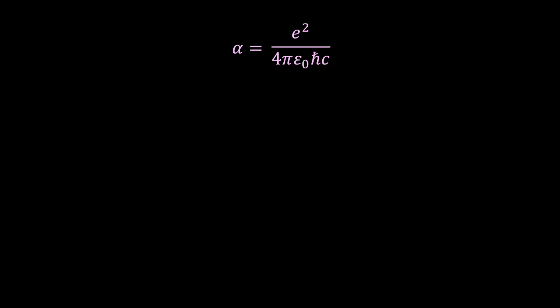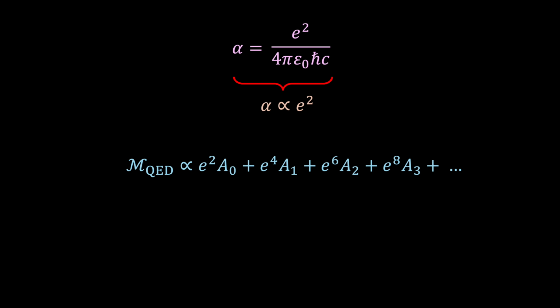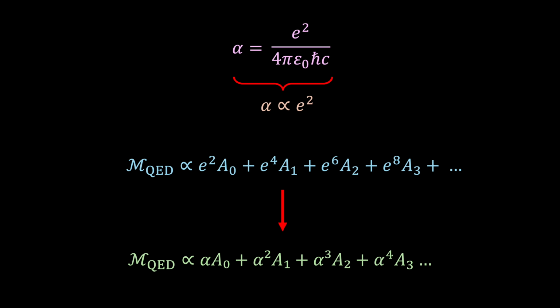And here is the key point. From the structure of alpha, we see that it's proportional to e². This means that the expression for the total amplitude we wrote down earlier, obtained by summing all the Feynman diagrams, can now be written in terms of the dimensionless constant alpha. You can think of alpha as effectively counting the order of interaction. Terms proportional to alpha describe the simplest single photon exchange diagrams.